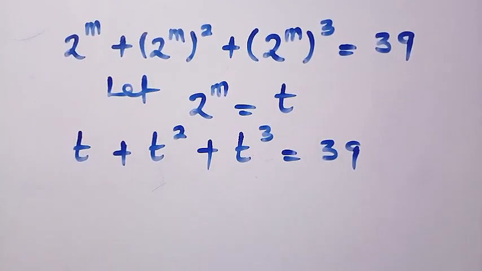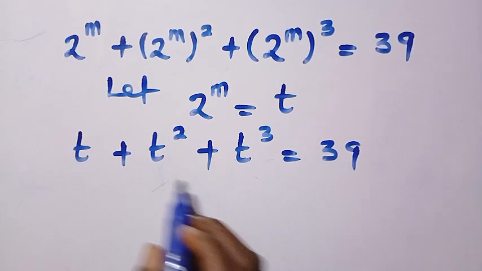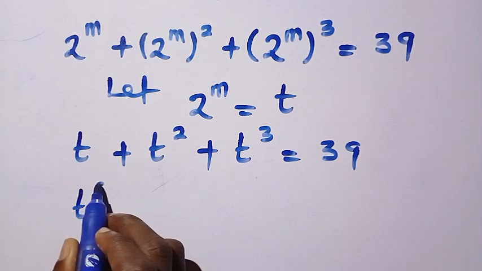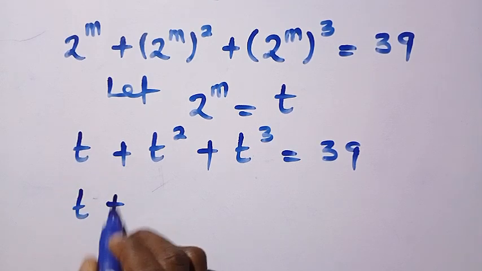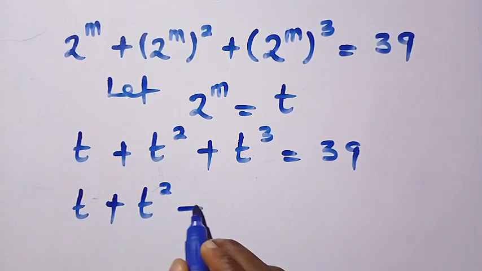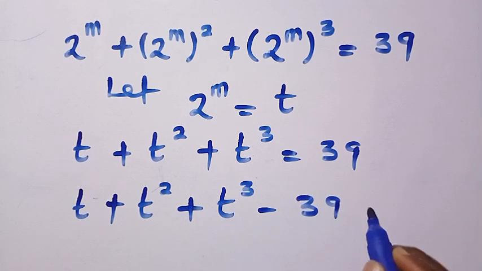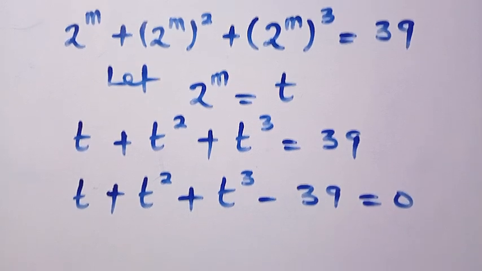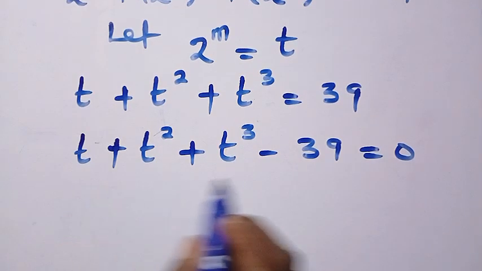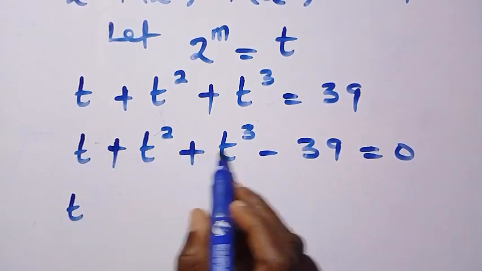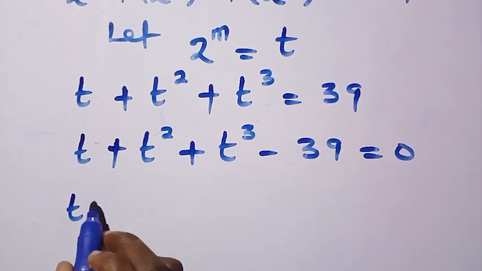After this, here is a cubic equation where we take 39 to this side. So we have t plus t raised to power 2 plus t raised to power 3 minus 39 equals 0. Then we have to break 39 down based on the corresponding powers of t, t squared and t cube.